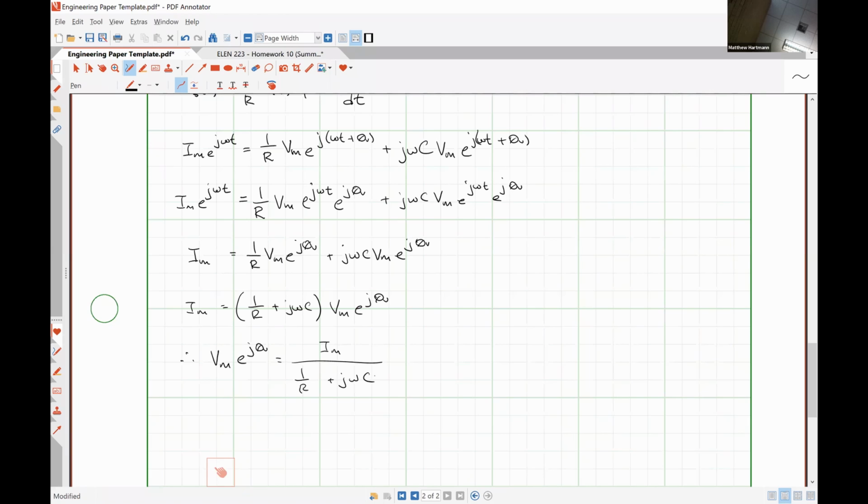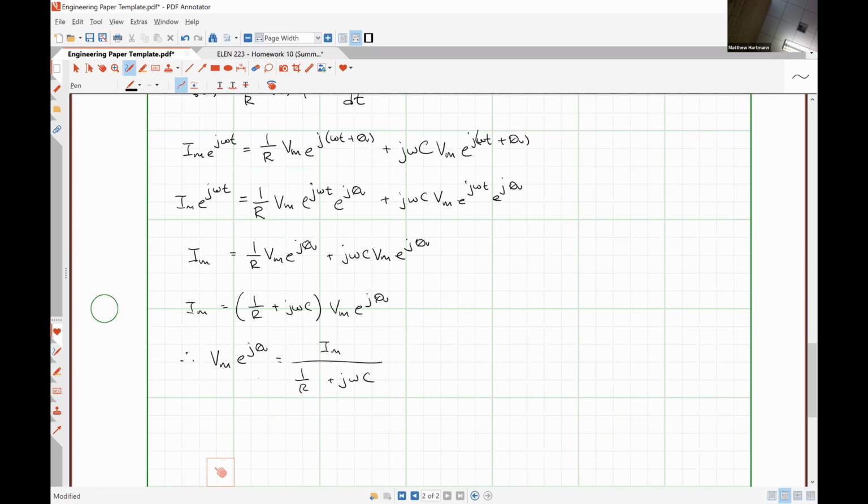So what I have done here is I have a complex number on the left-hand side because it has some magnitude and some phase angle. And on the right-hand side, I have a rectangular form complex number. So what I want to do is figure out what the magnitude of the right-hand side is, because the magnitude of the complex number on the right-hand side has to equal the magnitude of the complex number on the left-hand side.